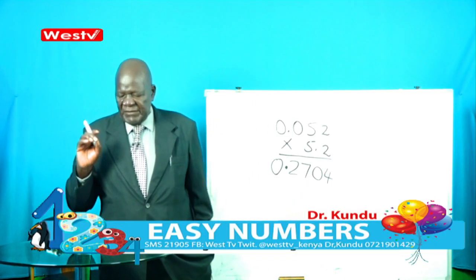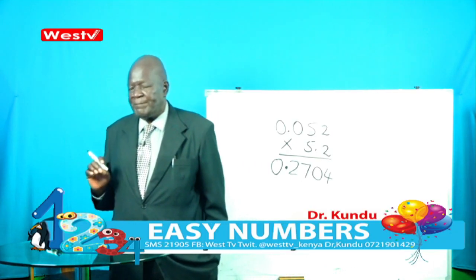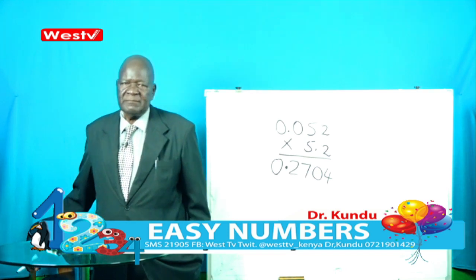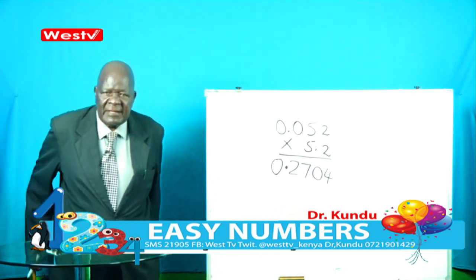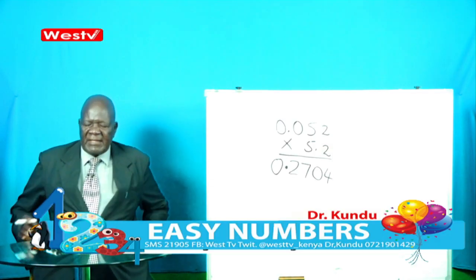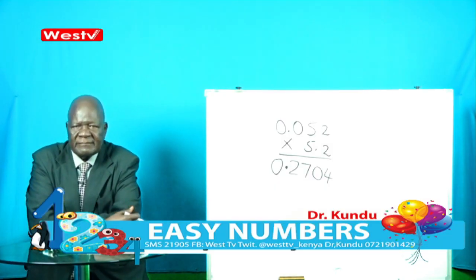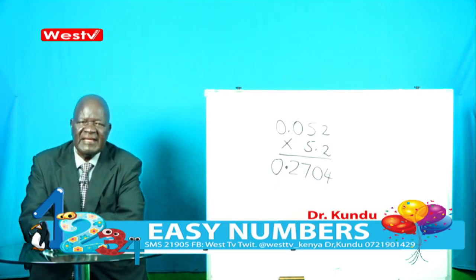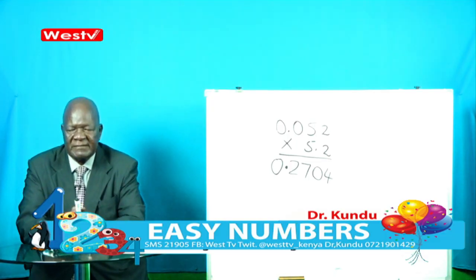So the Vision 2030 is about students who will be very, very sharp. This is when you will be a good engineer, a good doctor, a good architect, a good lawyer, and a good everything. Because numbers control the functions of the universe.